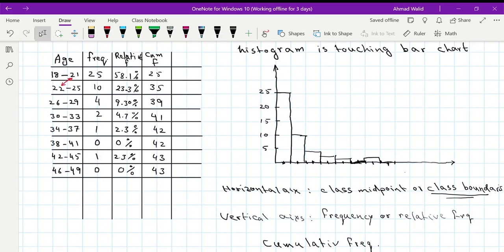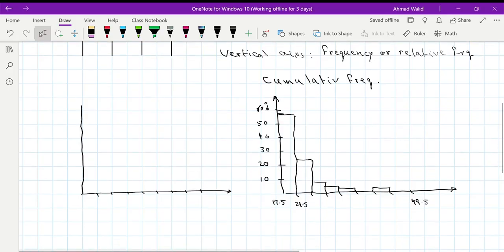And the lowest 25. For example, you mark here 45, 40, 35, 30, 25, 20. Oh, I need a little bit more space. I need it longer.